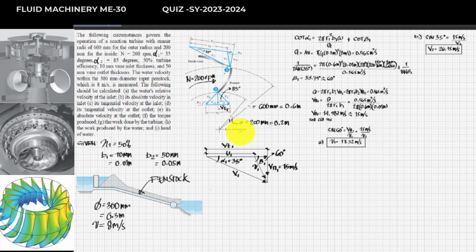Now, let's write the equation for this one. Since this is adjacent and we have here the normal velocity, that will be opposite.